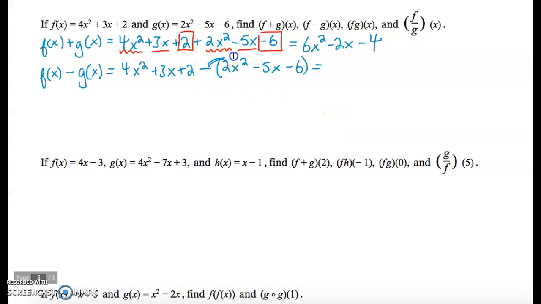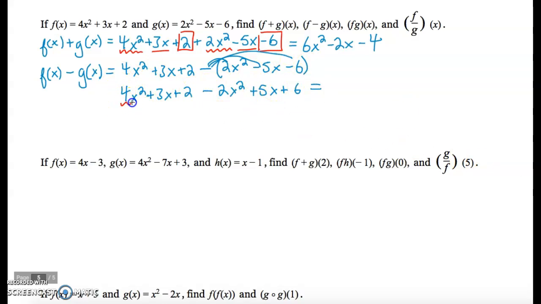I'm going to have to distribute it to each of those pieces. So really, this will be 4x squared plus 3x plus 2 minus 2x squared plus 5x plus 6, because I distributed that negative to each piece. And then now I can just combine my like terms.